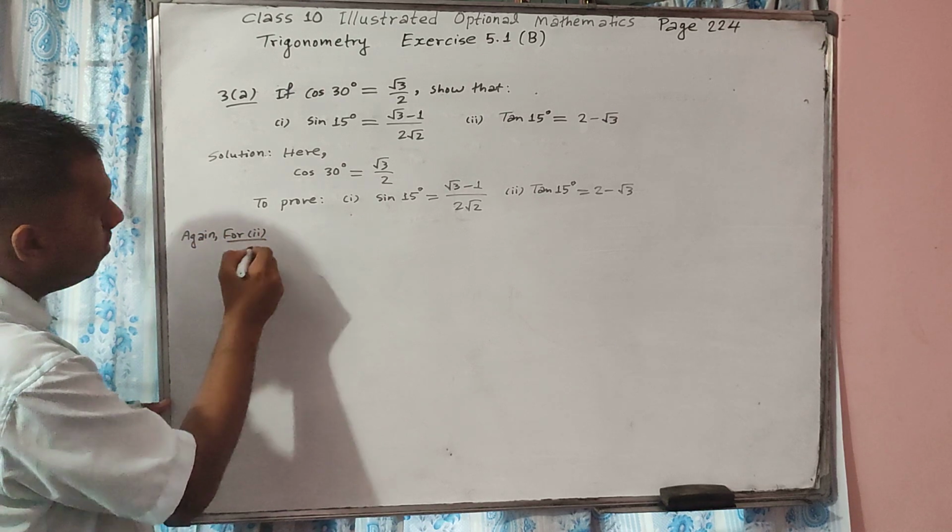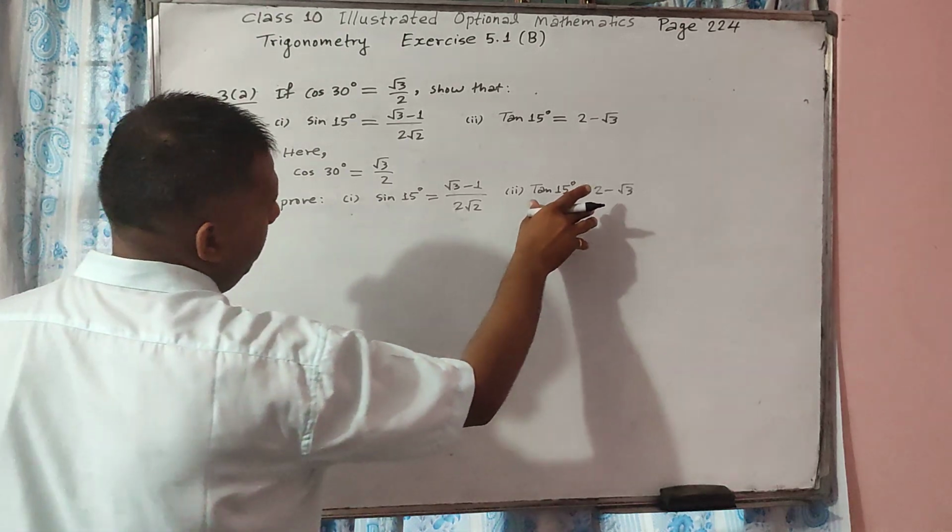For 2, you have to prove tan 15 equals 2 minus root 3.